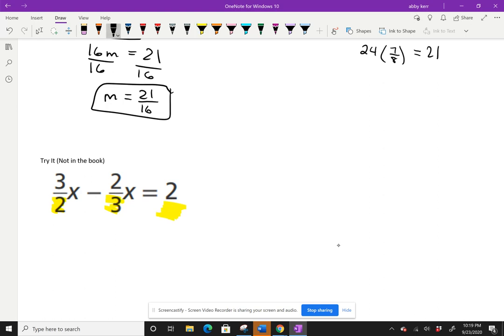All you have to do is draw a line and then put a 1. So now you're trying to find the least common denominator of 2, 3, and 1. And that's what you're going to multiply by. I'm going to hit pause, and then check out the answers when you can.